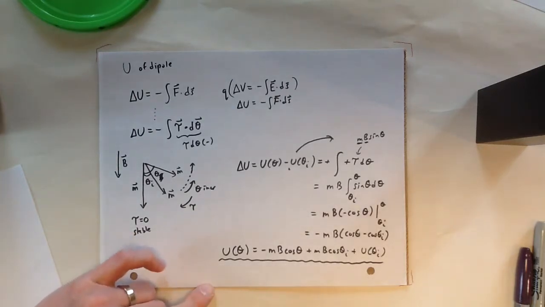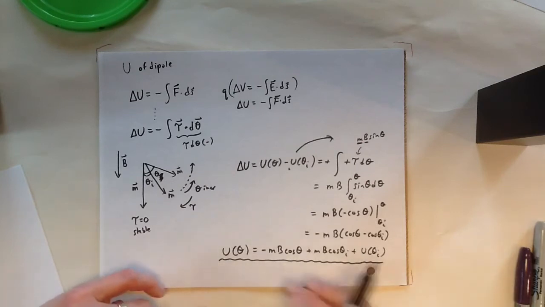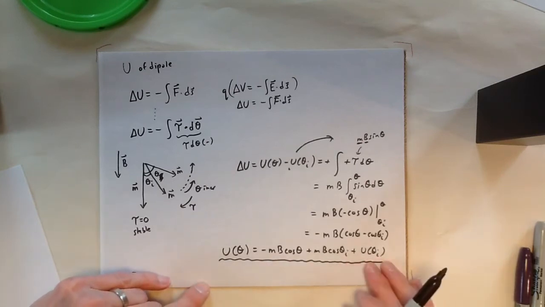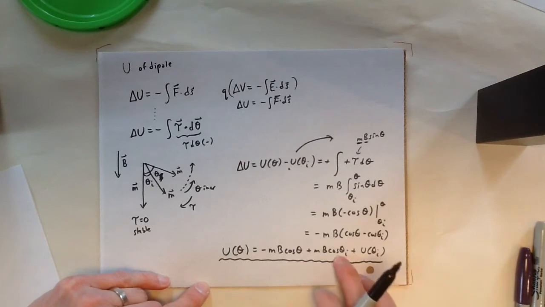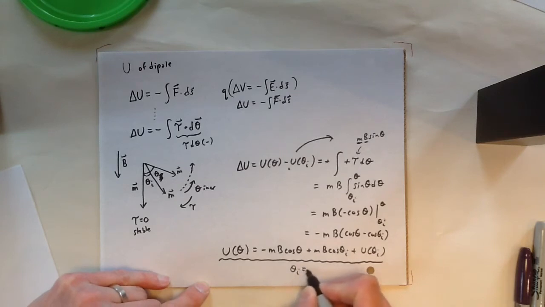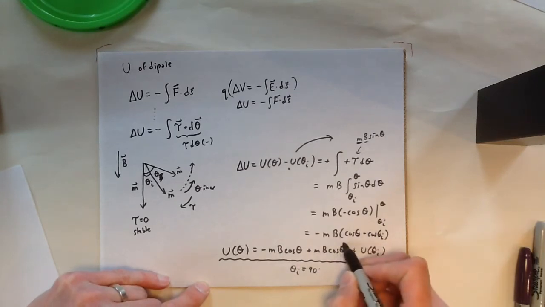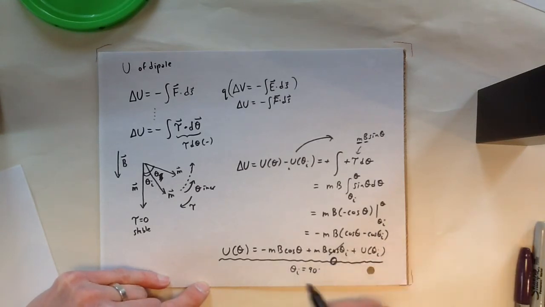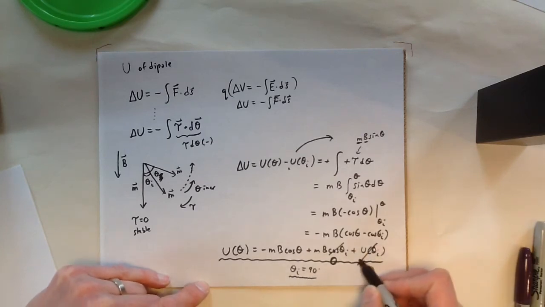So I'm going to try to wipe out as much of this as I can. I'm looking at this: what initial angle would make this 0? Of course, the angle that would make this 0 is 90 degrees, cosine of 90 is 0. And I'm going to choose that at 90 degrees, my potential energy is 0.